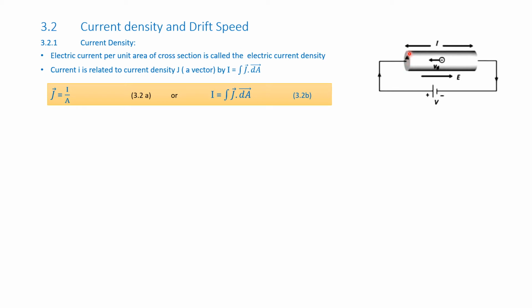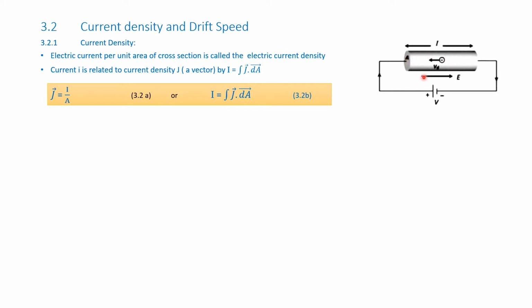The cross section area of this element is A. Here there is a drift velocity due to charge carriers. The negative carriers are moving from right to left because the positive side is connected here and these are attracted towards this side. Similarly, positive charge carriers will move from left side to right side.